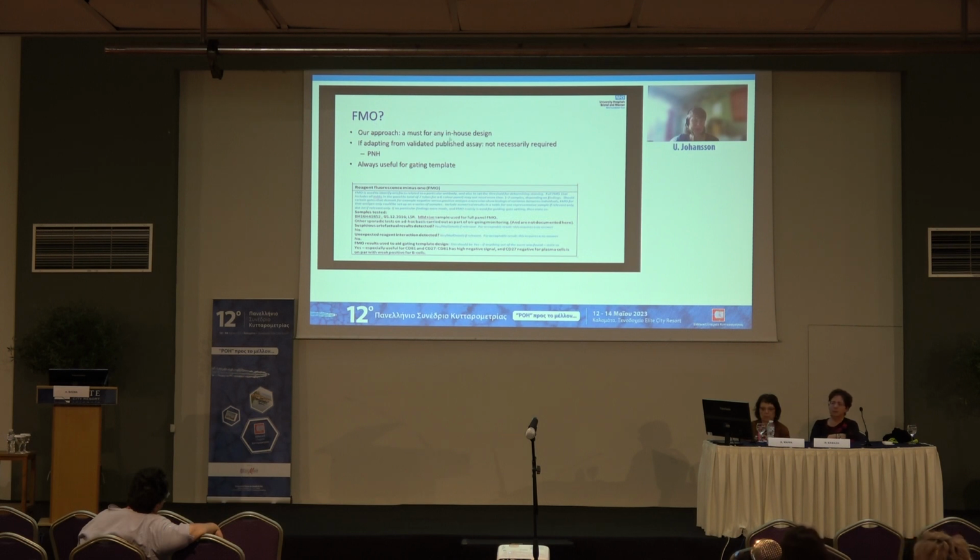For any in-house designed assay, we always carry out an experiment and we set our gates accordingly so that we know where the negative and positive areas are. But of course, if we take an assay from something that's really well validated, etc., we might not do it.